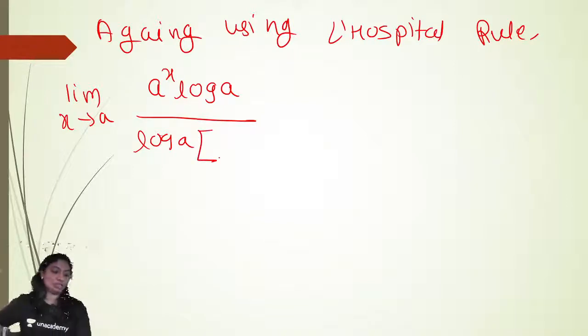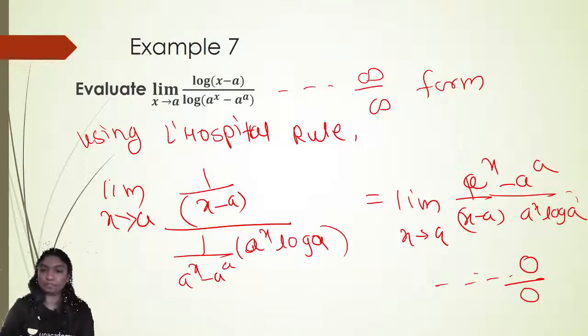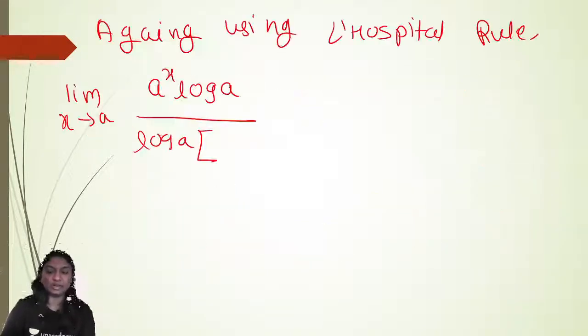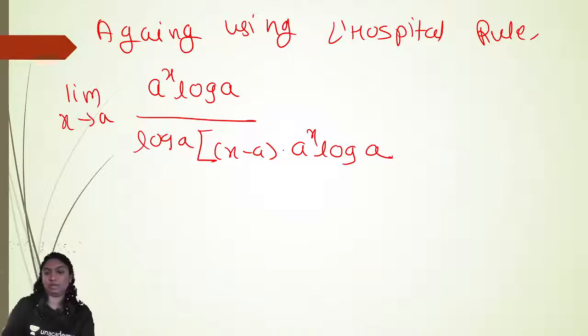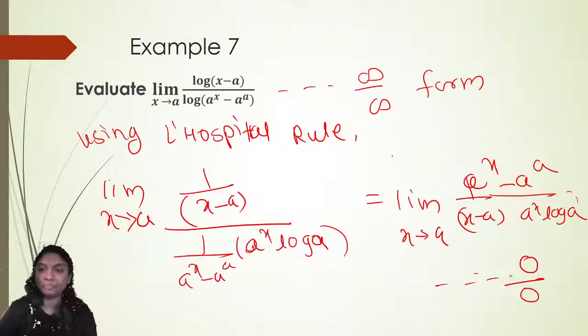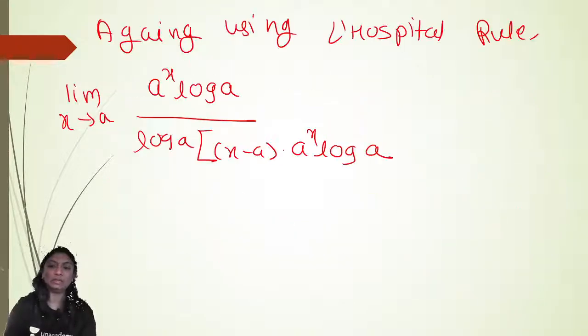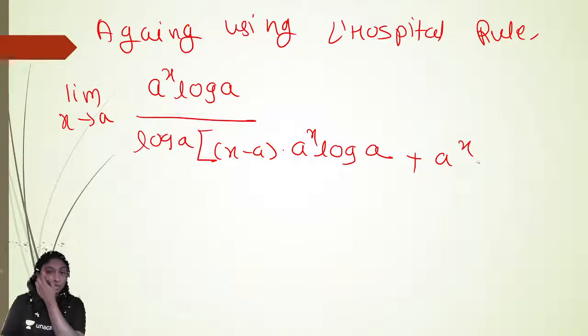So log a is constant, we will keep it as it is. Here first into derivative of second, right? So x minus a into derivative of second, which is a raised to x log a. Now second into derivative of first, so a raised to x into derivative of x minus a, which is 1.